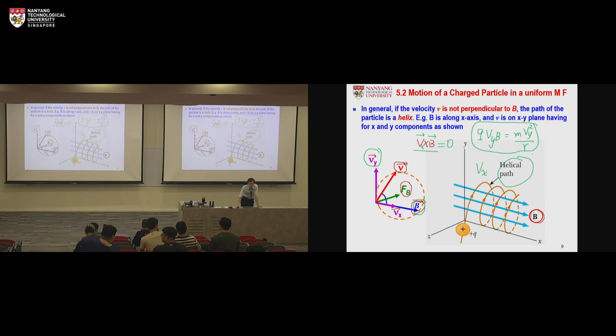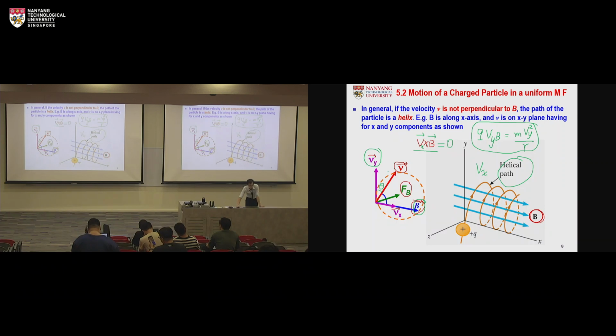Vy is perpendicular to B. We purposely decompose V into these two components, one perpendicular to B, another parallel to B. If you make this angle theta, then Vy is V cosine theta.